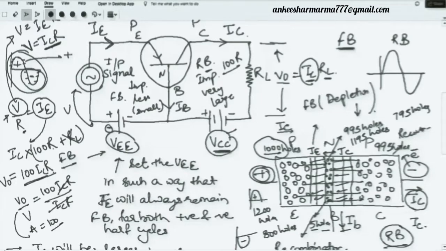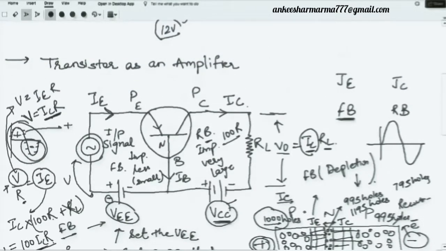So due to this change from the very small impedance at the input section to the high impedance at the output section, I am going to achieve the amplification. Is it clear to you? That's why my output V naught will be amplified, which is nothing but 100 times the value of my input voltage.